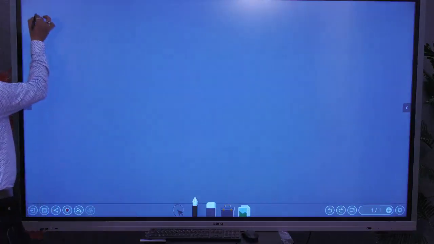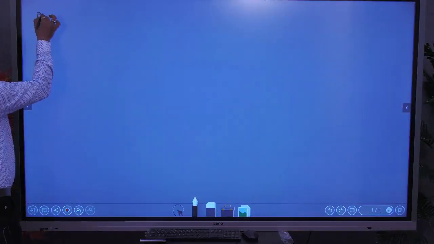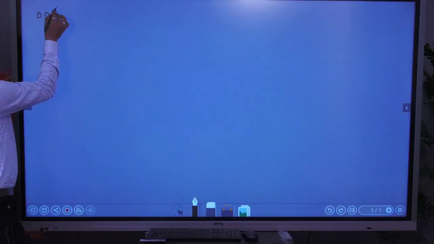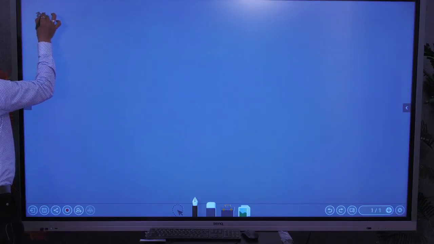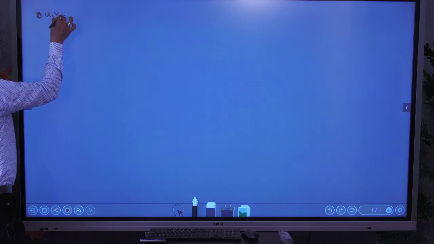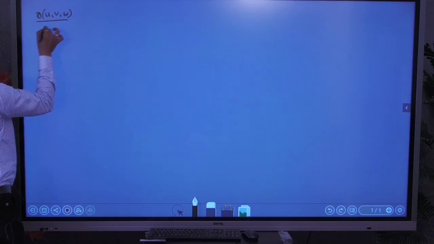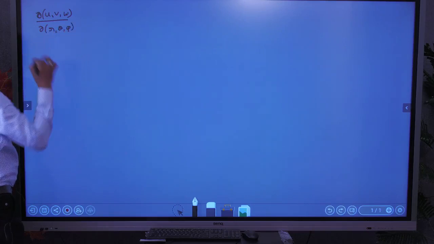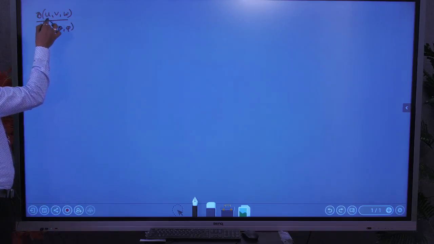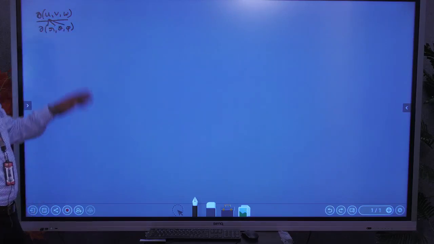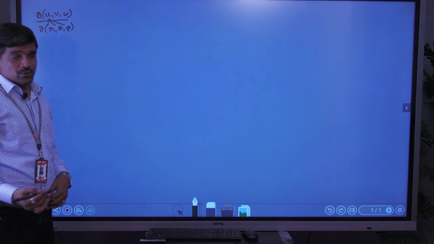Now ∂(u,v,w)/∂(r,θ,φ), that means ∂u/∂r, ∂u/∂θ, ∂u/∂φ, similarly for v and w also, right?